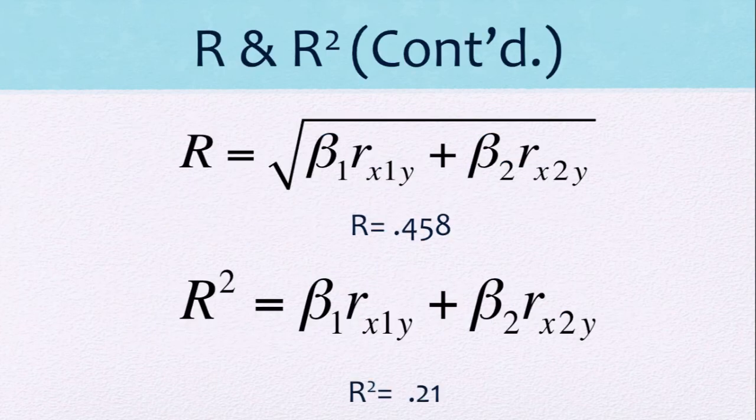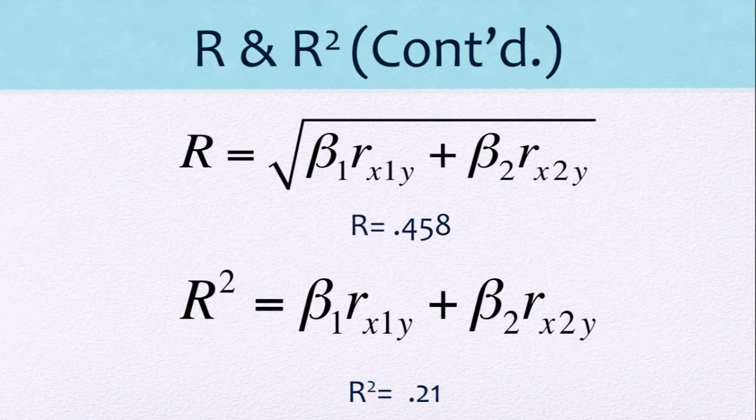To find the value of capital R, or the multiple correlation coefficient, you take the square root of the sum of the products of the standardized slopes and the respective predictor validities. The multiple correlation coefficient here is 0.458, and this represents the relationship between the predictor variables, which are aptitude and study hours, and the criterion variable, school grades.